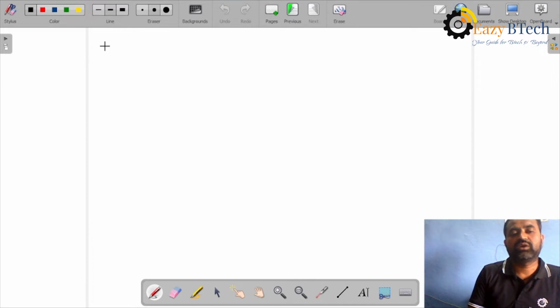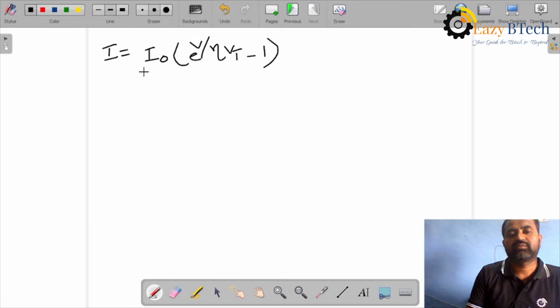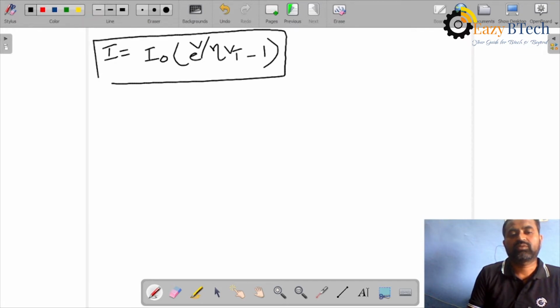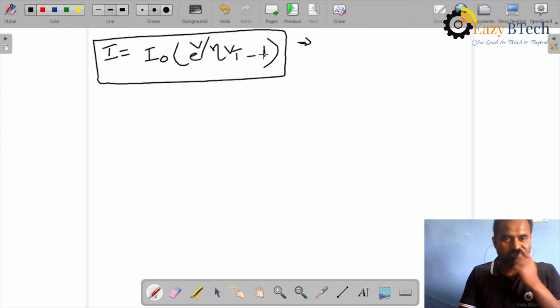Now we know the diode current equation: I is equal to I naught into e power V by eta Vt minus 1. In the examination, they may ask what happens as the temperature increases.